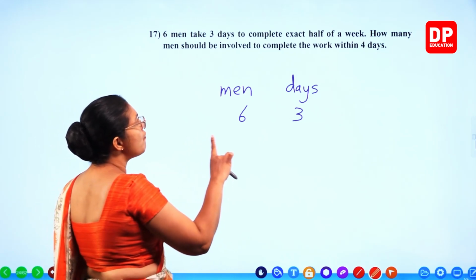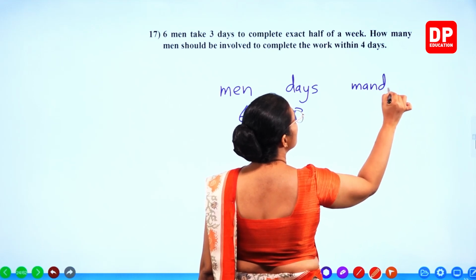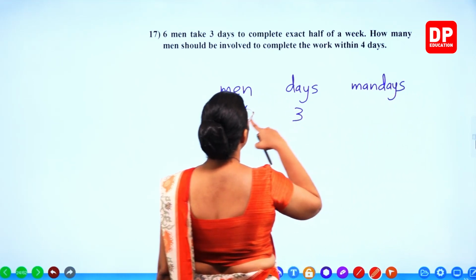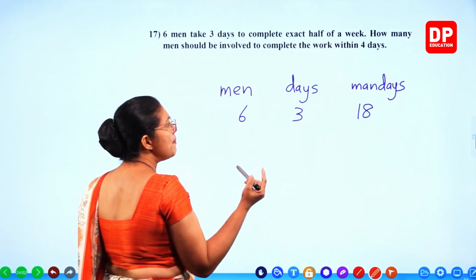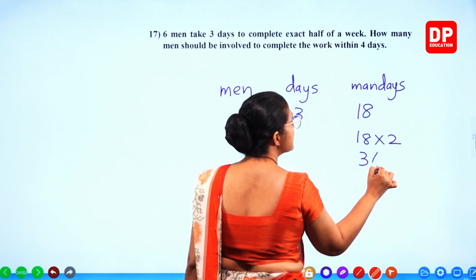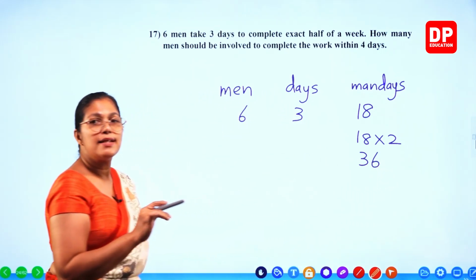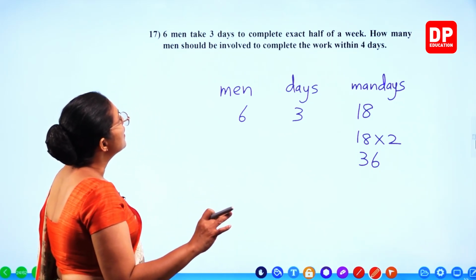So this is half of a week. So how many man days needed for half of a week? 6 times 3, 18. Full week, how many man days? You have to multiply by 2. So 36 man days needed to complete for the full work.